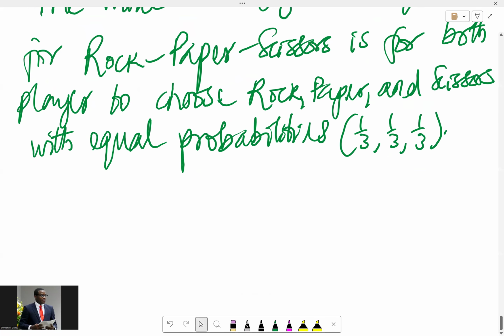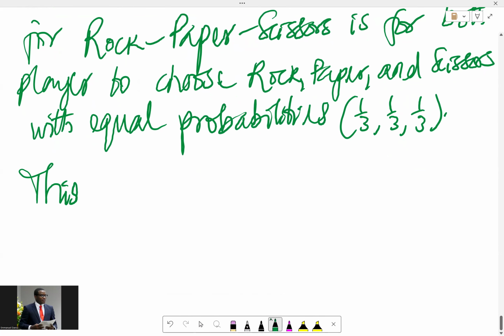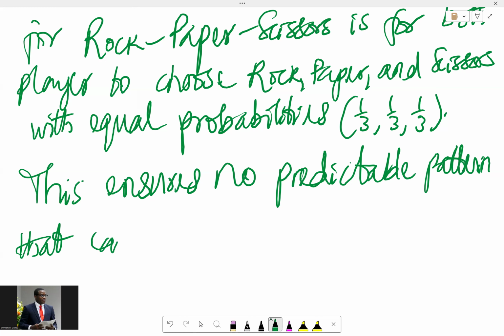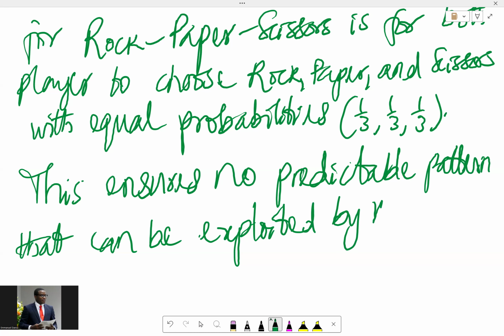And what this does is that it ensures no predictable pattern that can be exploited by the opponent.